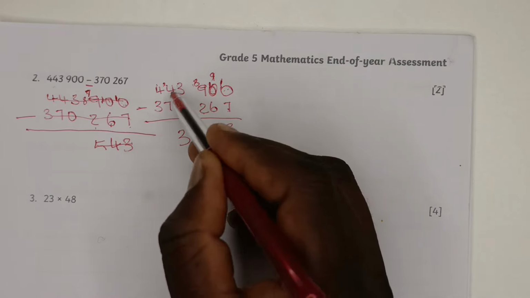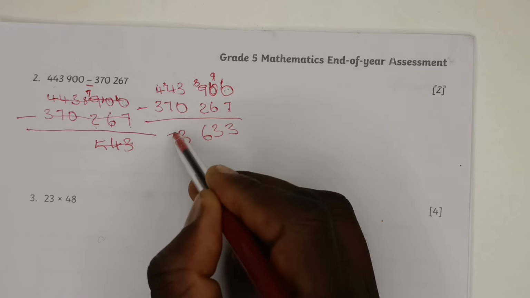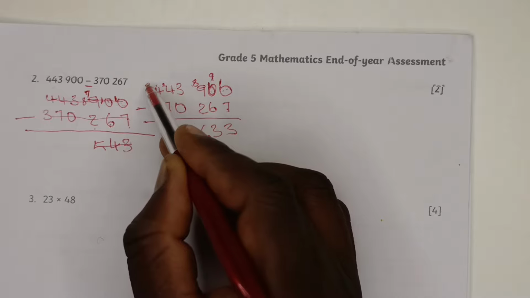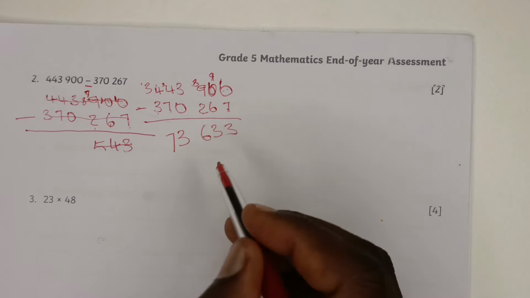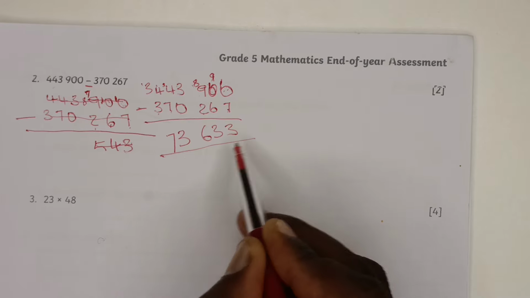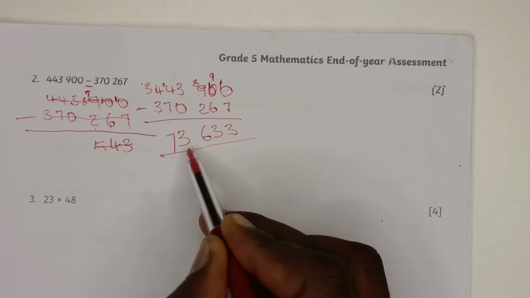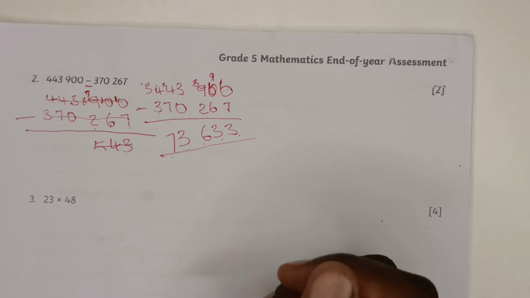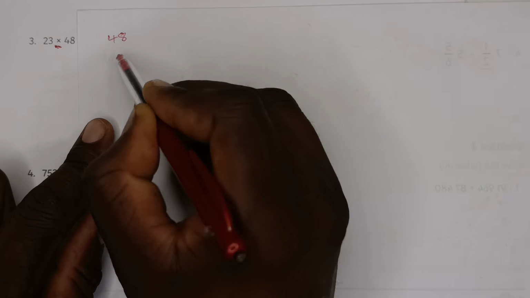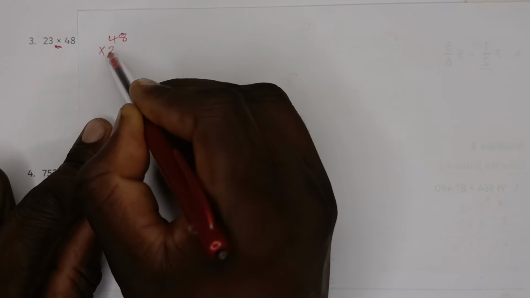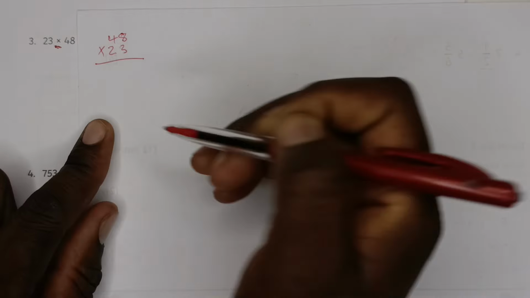We borrow. 14 minus 7 is 7. Here we are left with 3. 3 minus 3 is 0. So the answer is 73,633. So this is the same as 48 multiplied by 23.